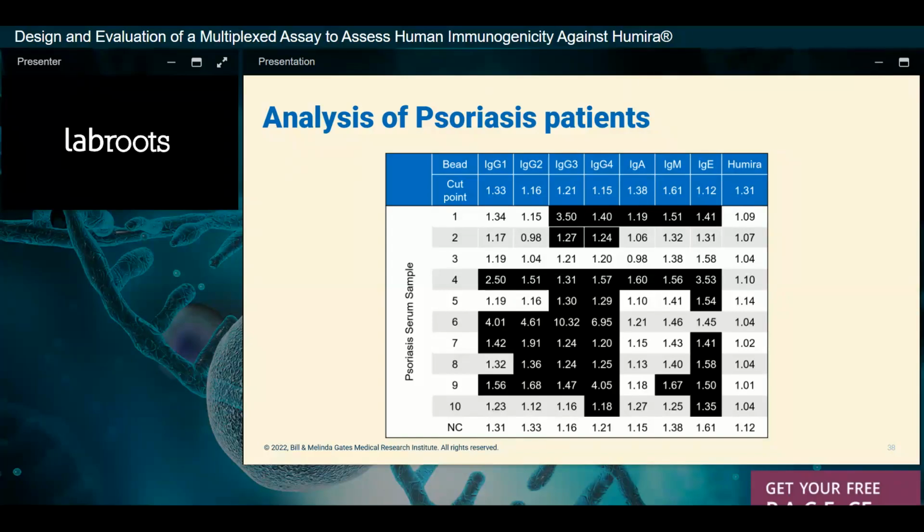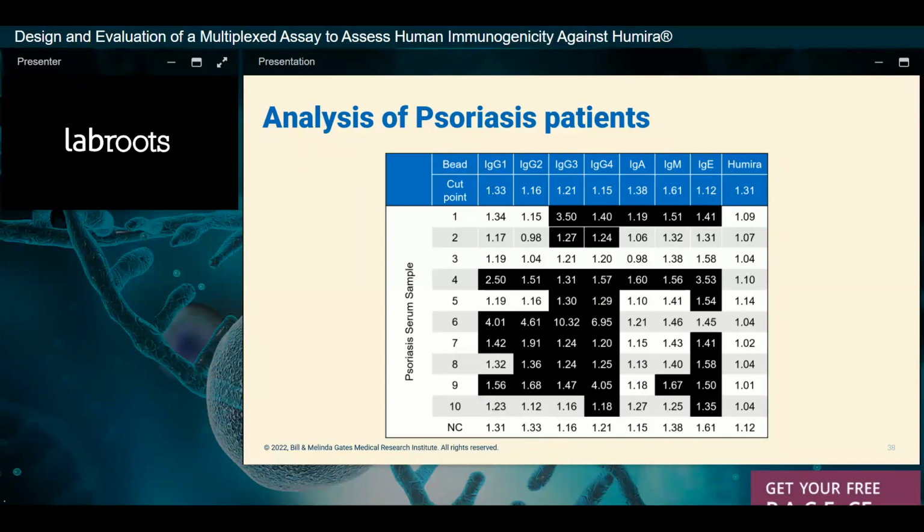And the way that you read this is you look across the top of this graph and you can see the different bead sets corresponding to what you're measuring, whether it's IgG1, IgG2, or anti-Humira. And then you have your derived cut point from our cut point screening analysis exercise.